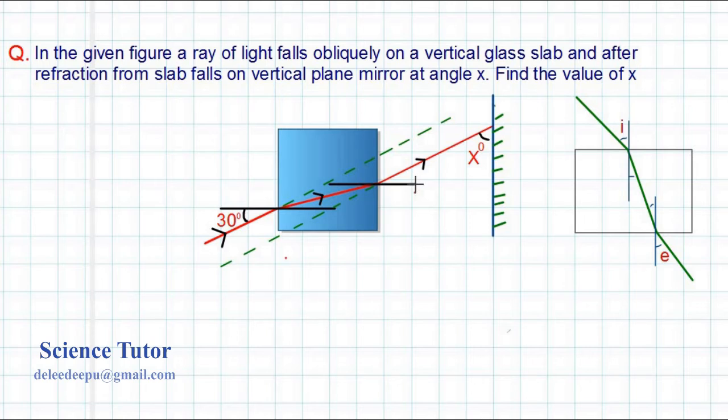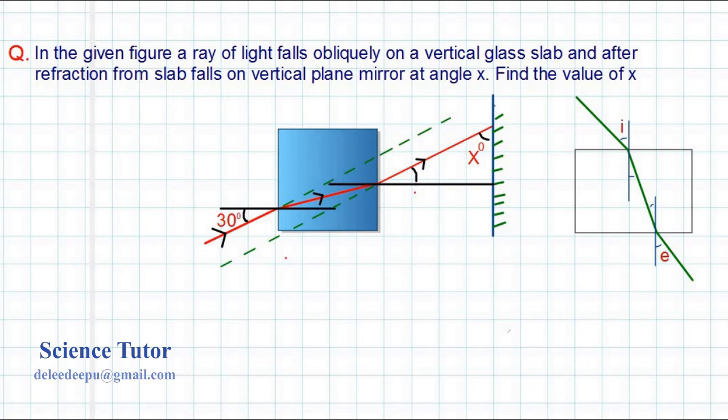I'm going to extend this line, this normal, towards the mirror. Now you can observe a right angle triangle there. Since the I is equal to E, that angle is equal to 30 degrees.